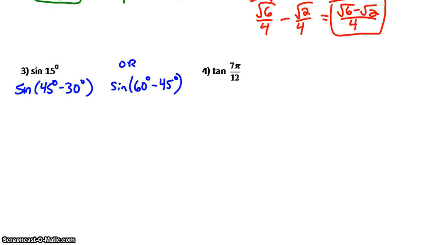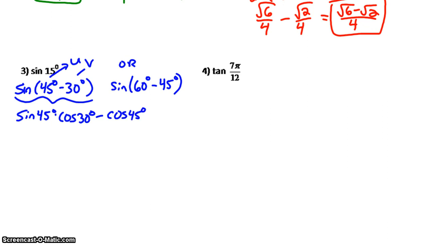Now, I'll use this first one, nice and clean. And what I get is the sine of 45 degrees, multiplied by the cosine of 30 degrees. Remember, this would be my u, and this would be my v. And from that, I'm going to subtract a cosine of 45 degrees and a sine of 30 degrees.